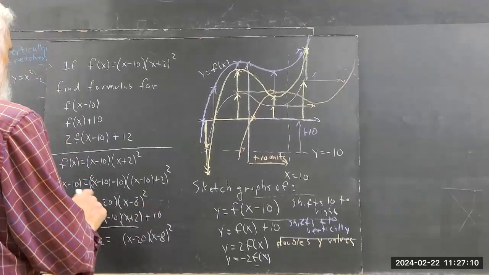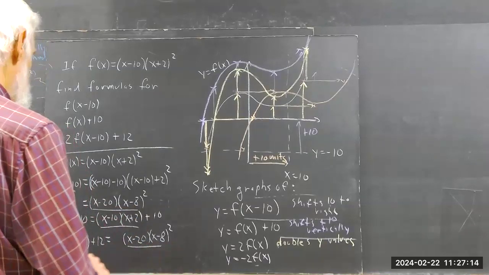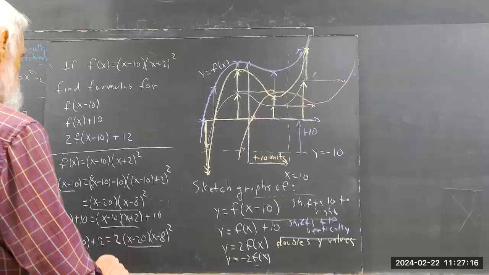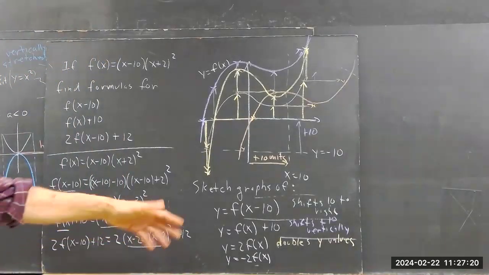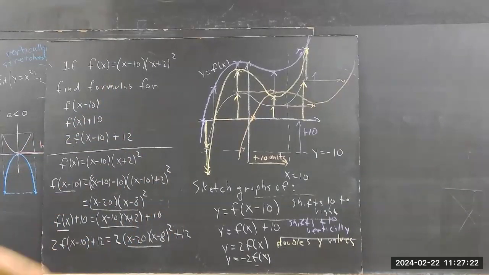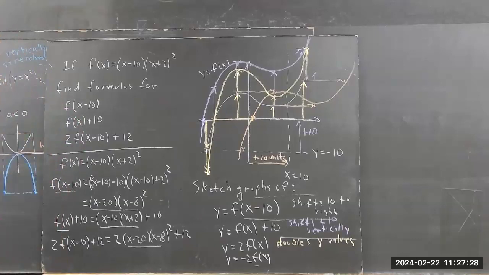Okay, this is our f of x minus 10. It's going to go here. We're going to put a 2 in front of it, and then we're going to do plus 12. Now we do a little algebra and we'd simplify this and get it in the form of a polynomial, but we're not doing polynomials right now. Okay, we won't do polynomials for 2-3 weeks.